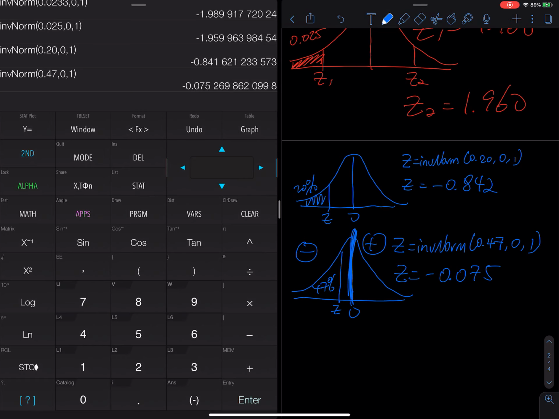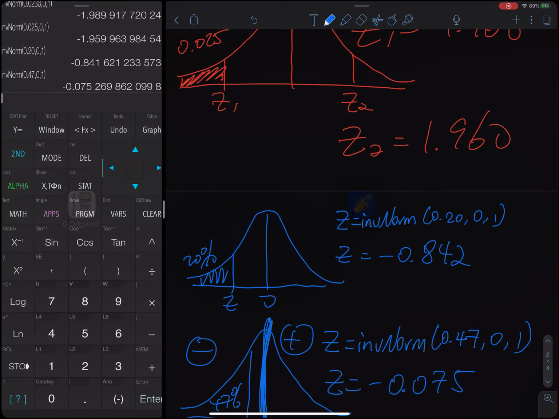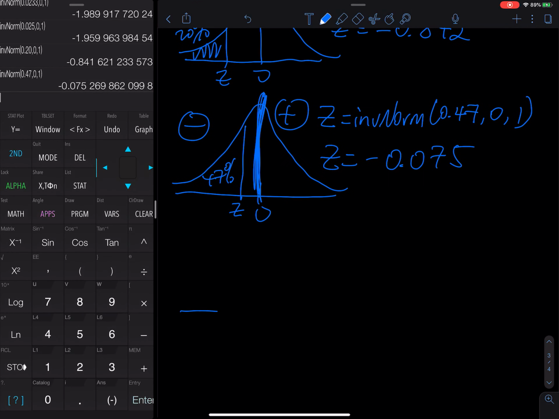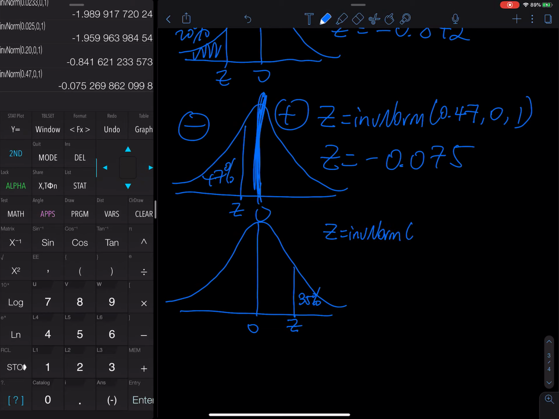Let's do a couple problems where the area is on the right. So let's do how about 35%? So we have a 0. 35% on the right, and then we have a Z. So this Z is inverse norm 0.35, 0, and then a 1. What is that?